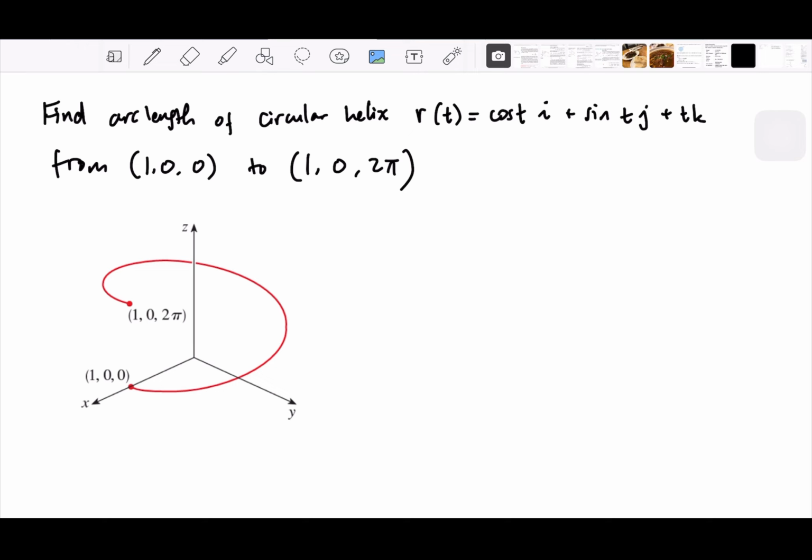So we start from t equals 0. When t is 0, x is 1, right? The sine of 0 is 0, okay? And you can check with other values as well, for example, pi over 2, when y is 1.